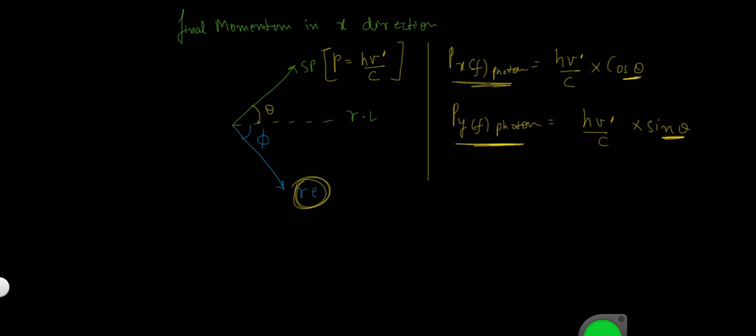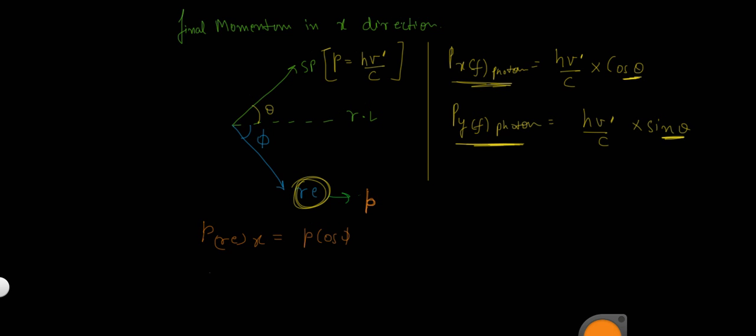Now let's talk about the momentum due to this recoiled electron in the x direction and y direction. Let us say that this recoiled electron has momentum p. Now the momentum of the recoiled electron in x direction is equal to p cos phi.